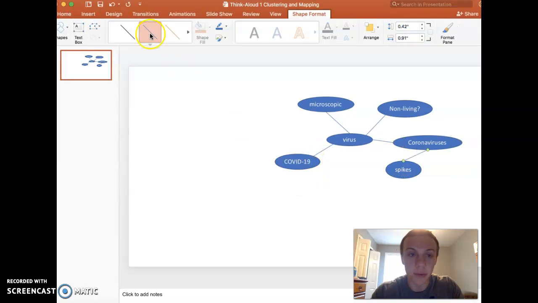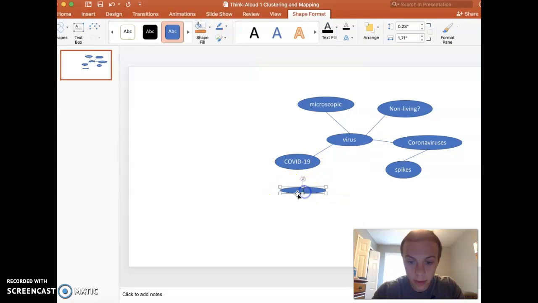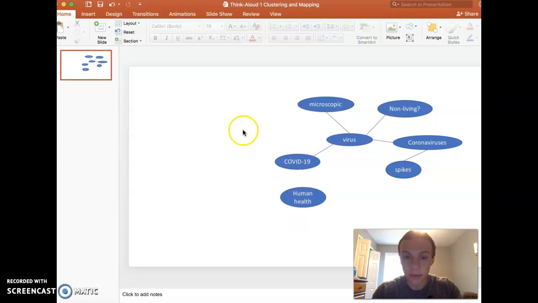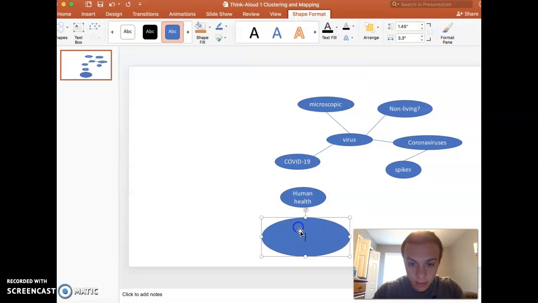All right, what's something else we know about COVID-19? Well, we know that it's had a huge impact on human health. Some of the things specifically, it affects the lungs. We know there can be long-term damage to lungs.